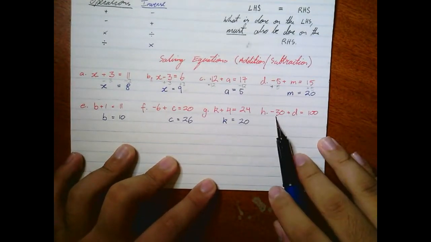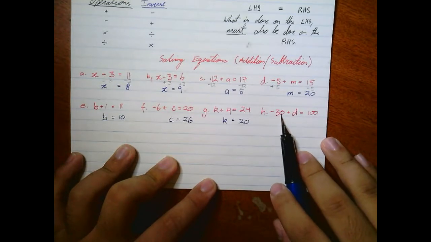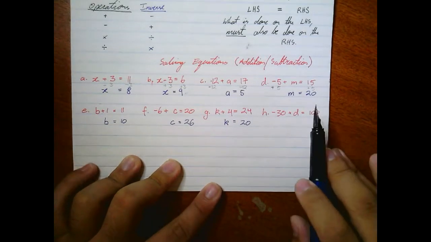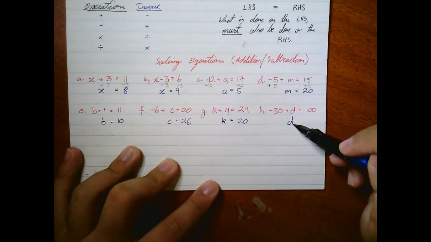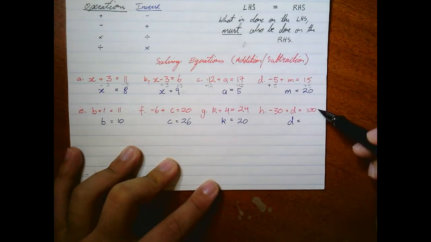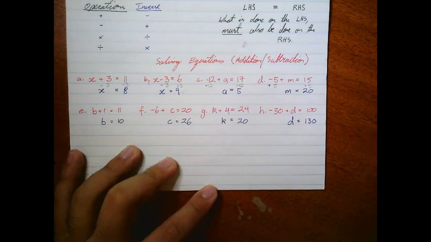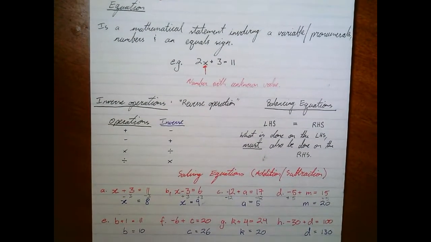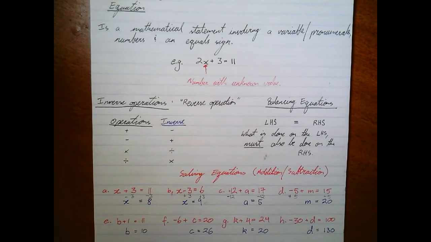And in this one, we have minus 30 as our operation. So we're going to add 30, add 30. That will give us D on its own. 100 plus 30 is 130. I hope that gave you a good overview on basic equation solving.